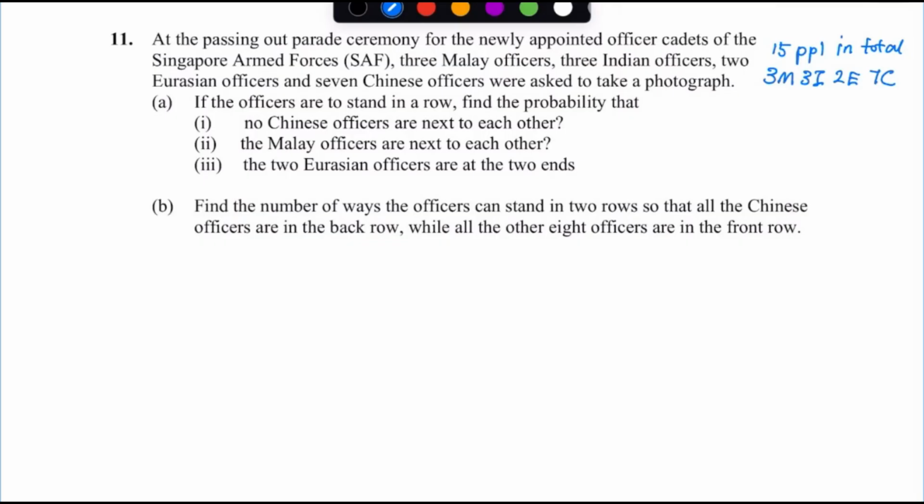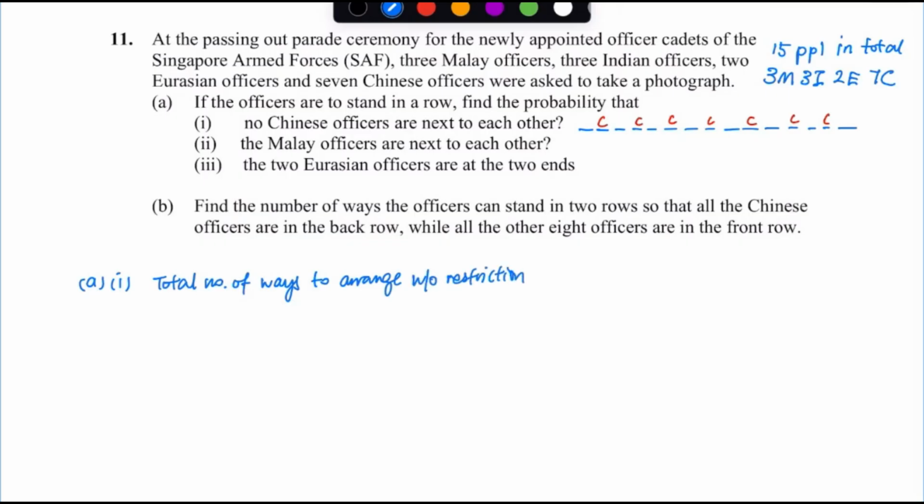So let's figure out the situation if there are no Chinese officers next to each other. What's the arrangement like? The total number of ways to arrange without restriction: we are arranging 15 people, so this would be 15 factorial.